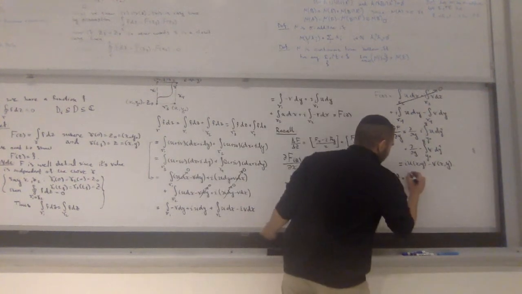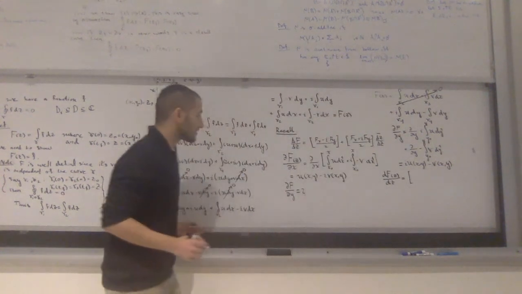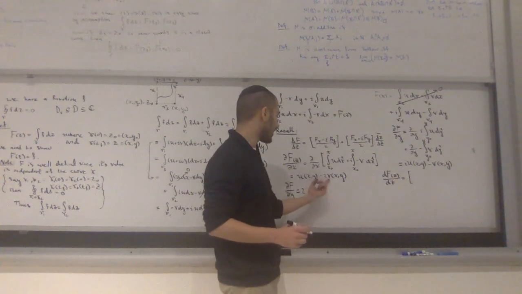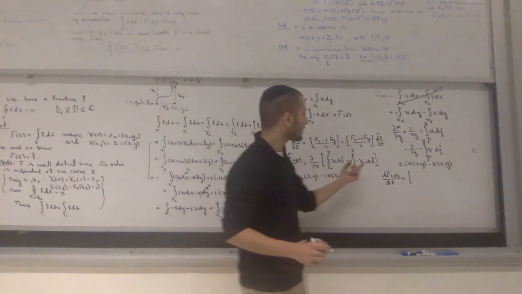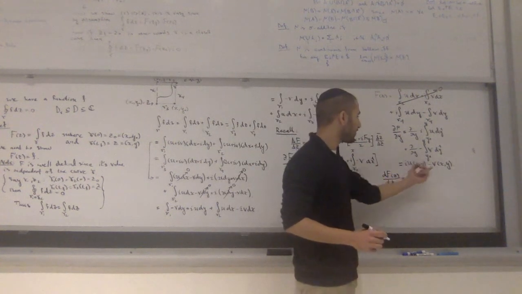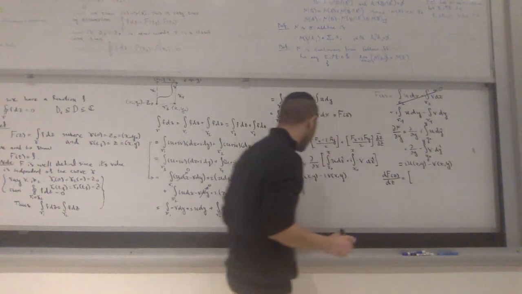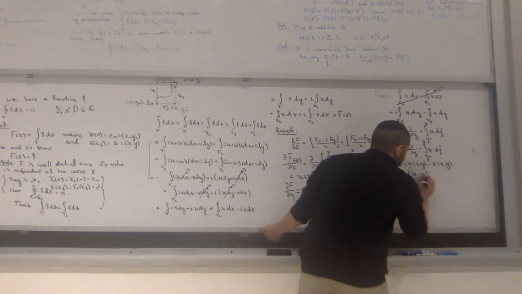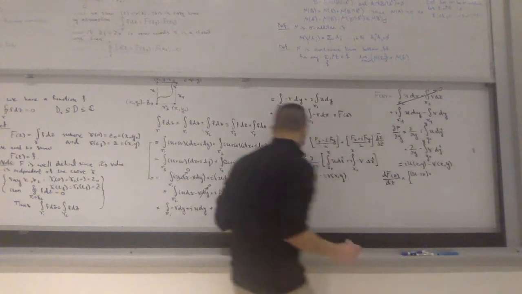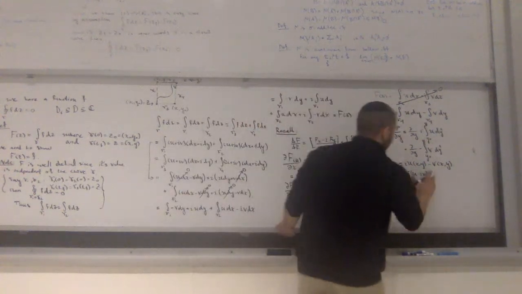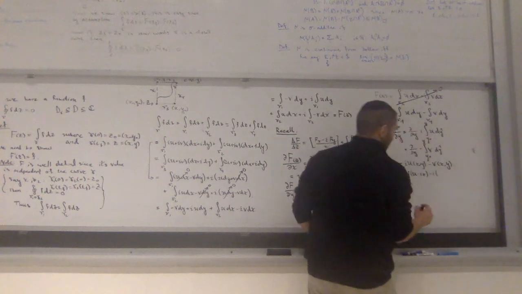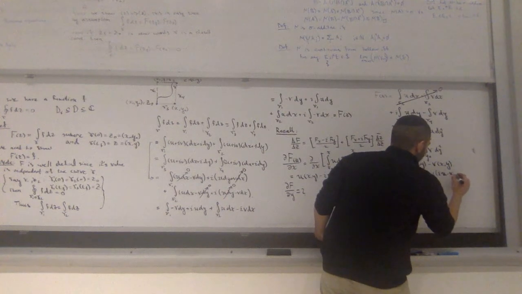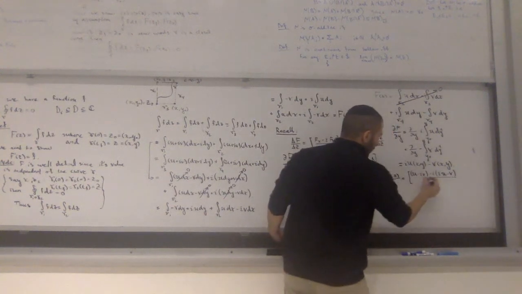So it's f sub x minus i f sub y. f sub x is u minus iv, and f sub y is iu minus v. So u minus iv minus i times iu minus v, and this over 2.